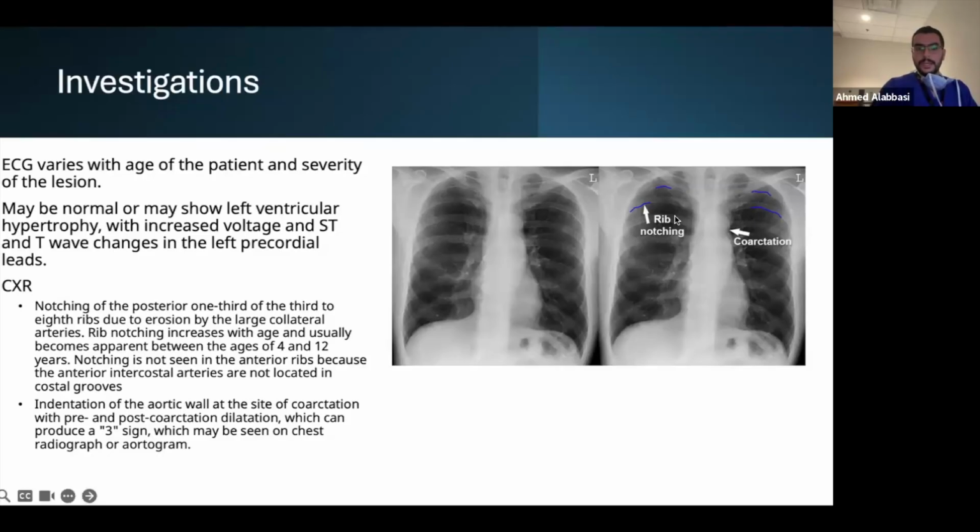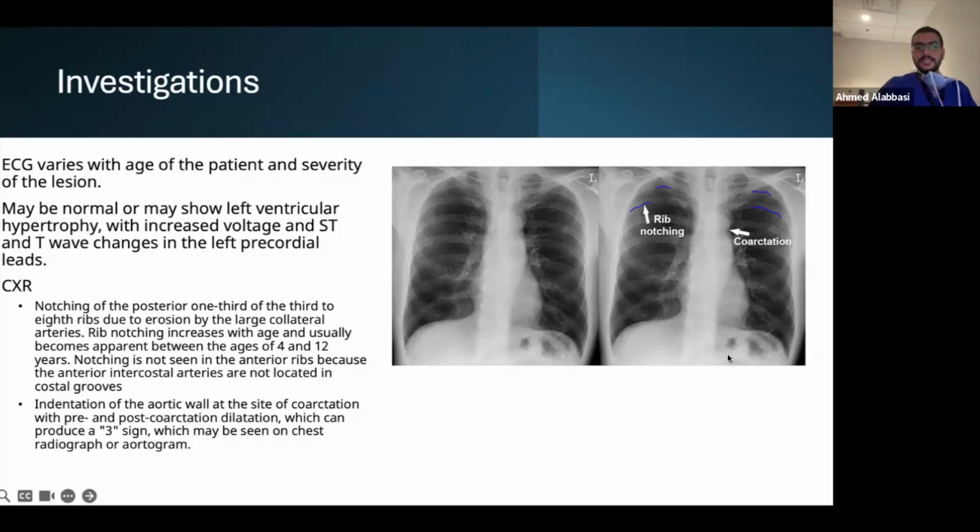some rib notching, which would be indicative of collateral vessel formation. So notching of usually the posterior third of the ribs due to erosion by large collateral vessels, as you can see here on this chest X-ray. Usually, this becomes apparent in the pediatric to adolescent population.